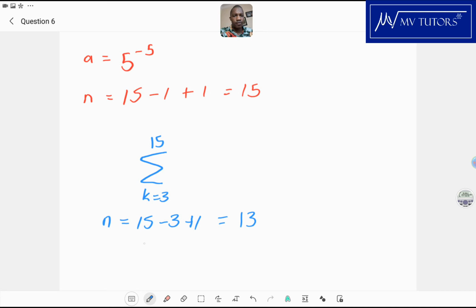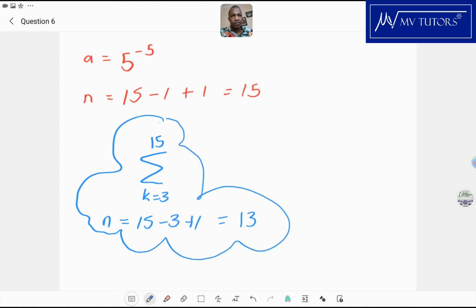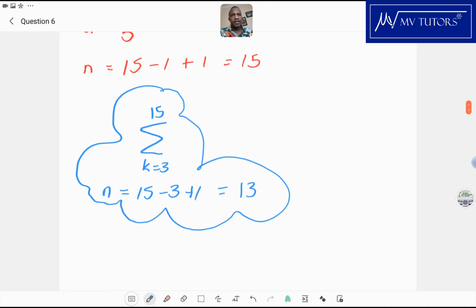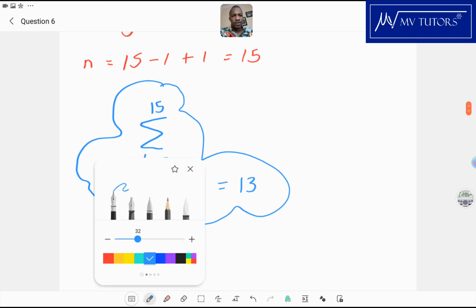So our n would be 13 in this case. Okay, this is just an arbitrary example. But let's continue with our question.